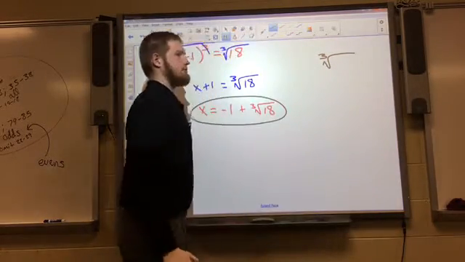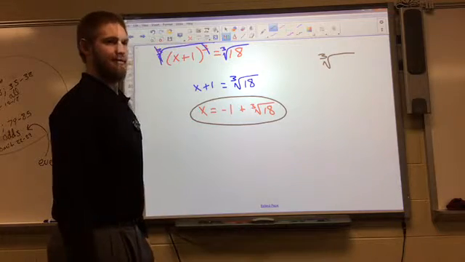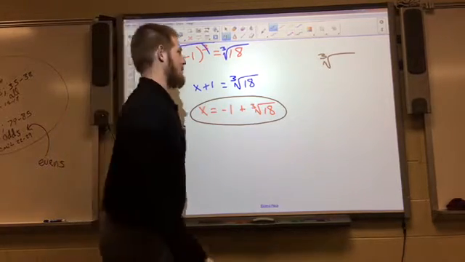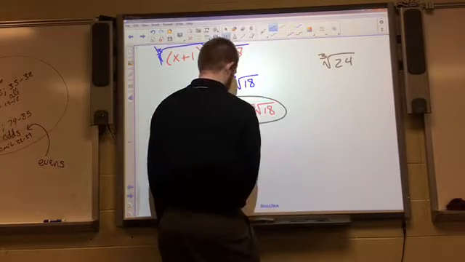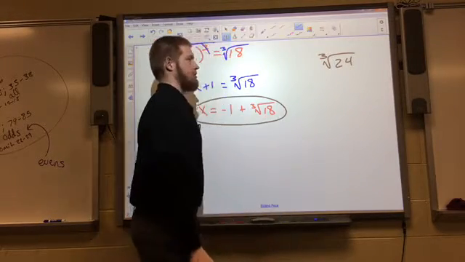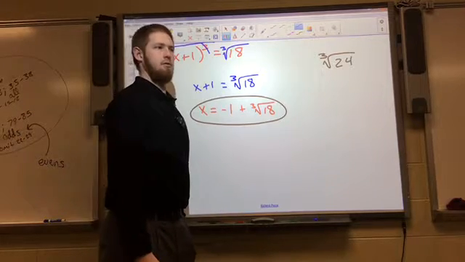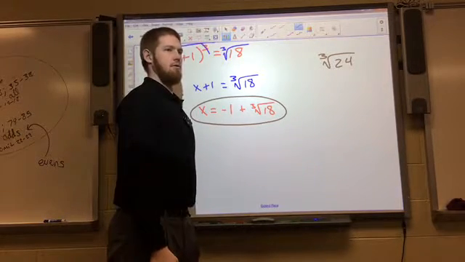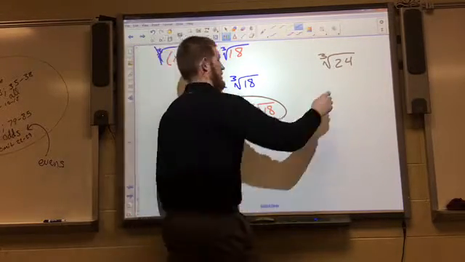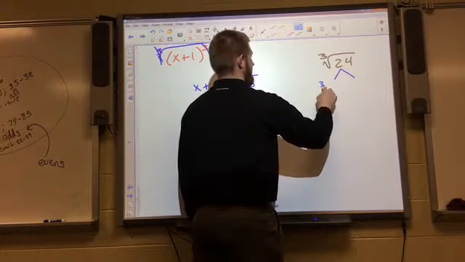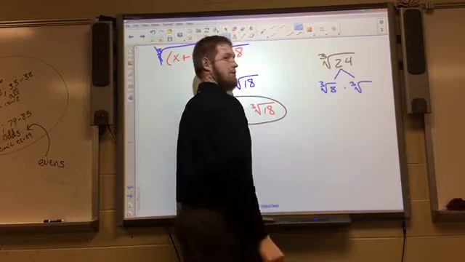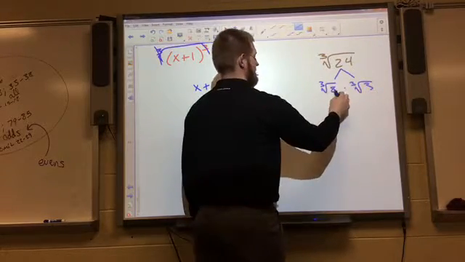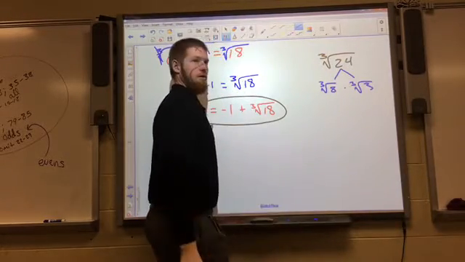I don't want to do that. 24. What perfect cube comes out of 24? 8, right? So I have the cube root of 8 times the cube root of 3, because 8 times 3 would be 24, right?